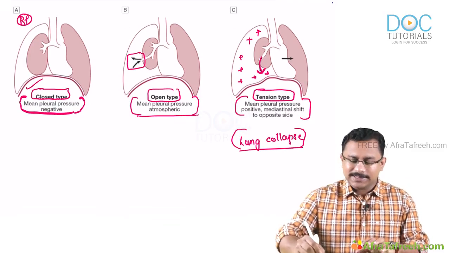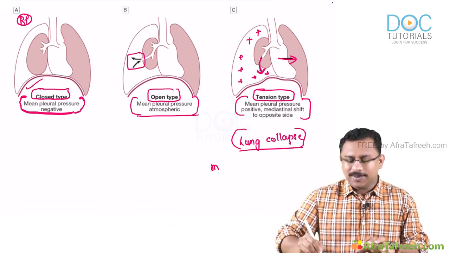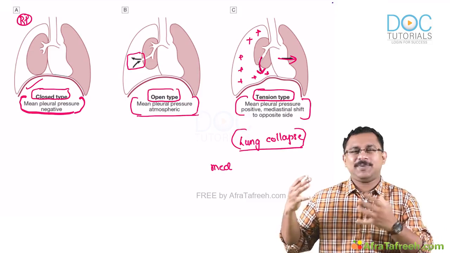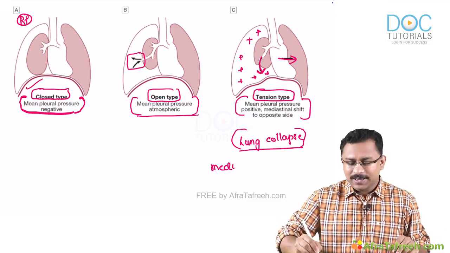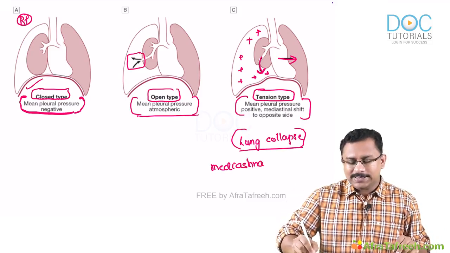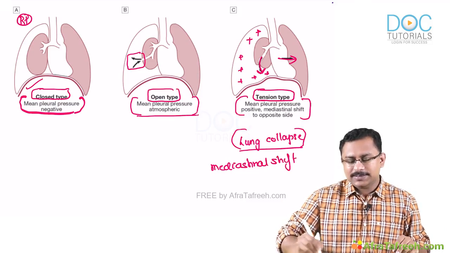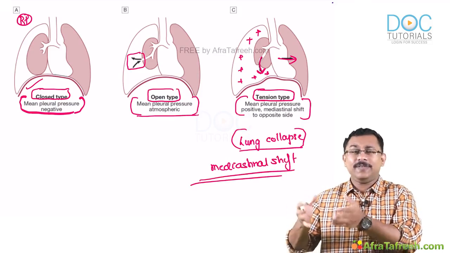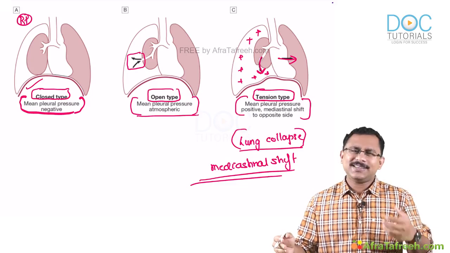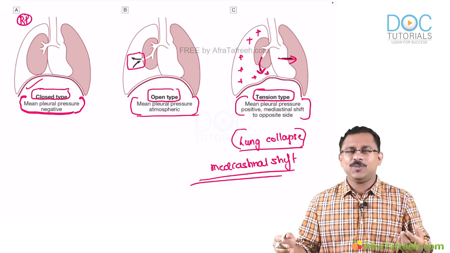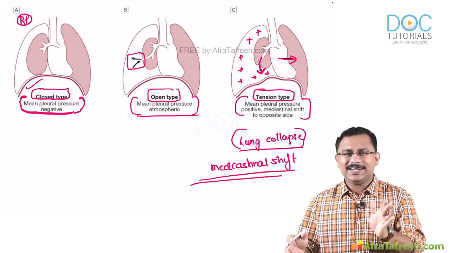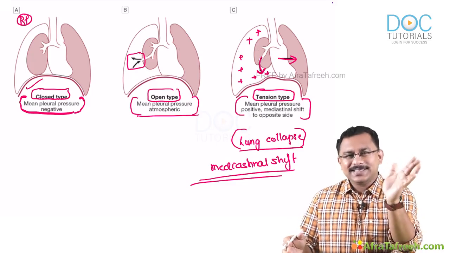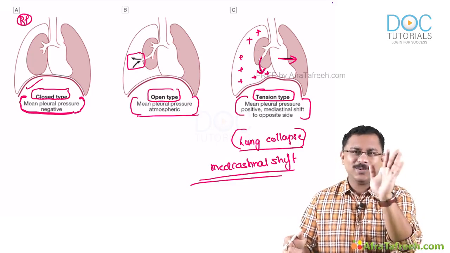As you can see here, because you have too much positive pressure inside your pleural cavity, there also occurs a mediastinal shift. Even you can have a significant tracheal shift. Tracheal shift can also occur in the open type of pneumothorax, but again, it is the tension type of pneumothorax that is likely to produce more consequences.